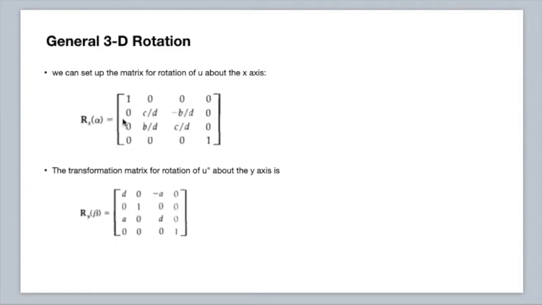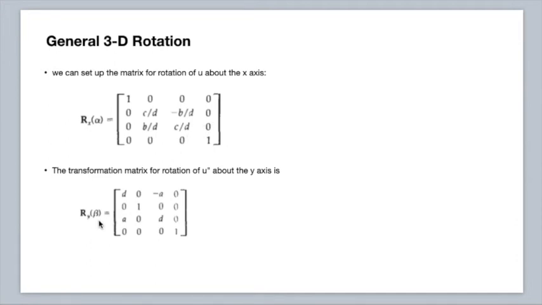Okay, so about the x axis, Rx alpha. Alpha is the angle with which it should be rotated about the x-axis. That is represented by 1 0 0 0, 0 c by d minus b by d 0, 0 b by d c by d 0, 0 0 0 1. A, B, C, D values we have determined already. Okay, then similarly, after rotating about the x-axis, it is now in the xz plane.